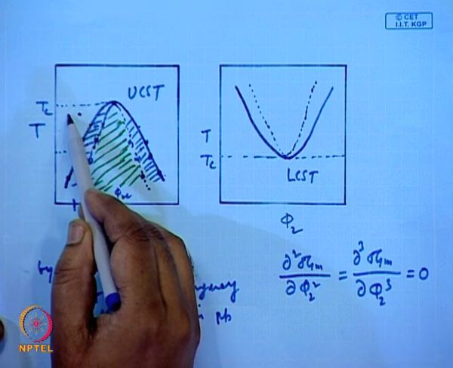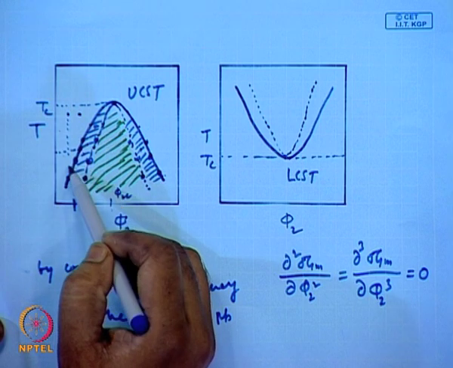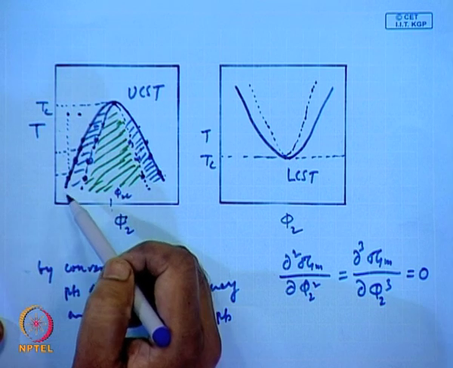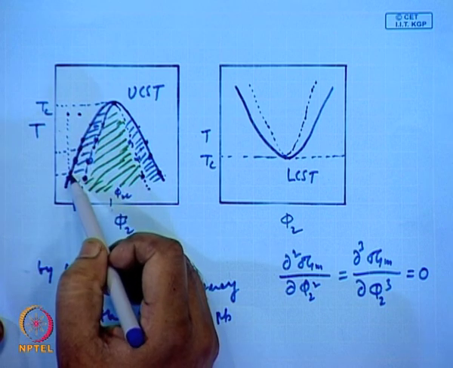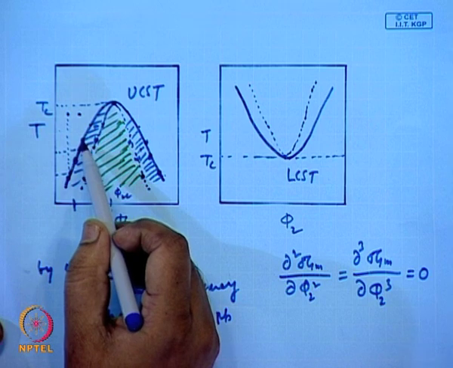Similarly, if you start from this point, this composition, then they will start precipitating at this temperature. So if you change the composition, obviously the temperature at which the two phase separation or precipitation starts will vary.